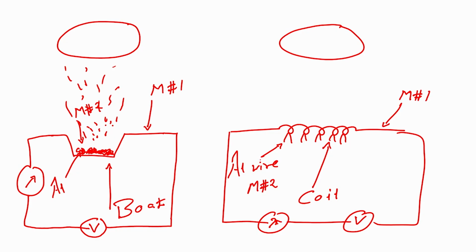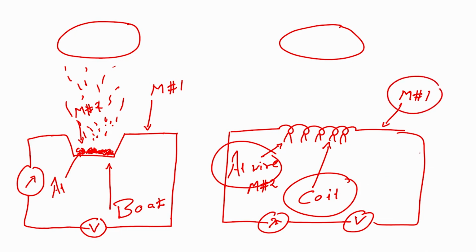What I mean is the aluminum wire will also melt and vaporize when I apply a very high power to my coil, which is my metal 1, and the metal will start evaporating by first melting, followed by vaporization.